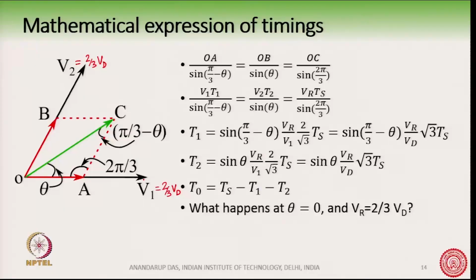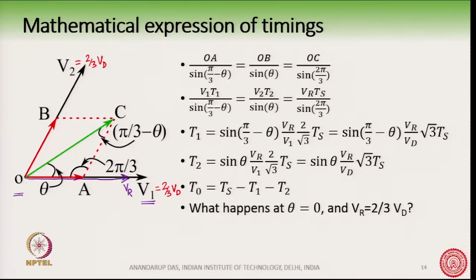So, which means that, say I can draw this one here, this is the vector VR here. Okay. So, what do we guess? That in order to realize this vector VR, we should only switch V1 vector and the 0 vector.